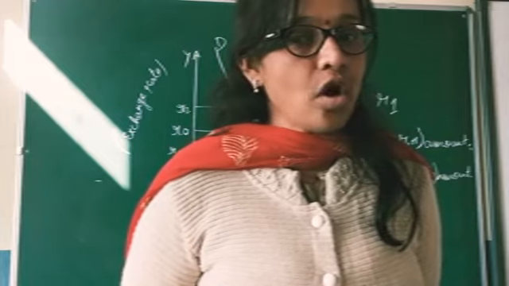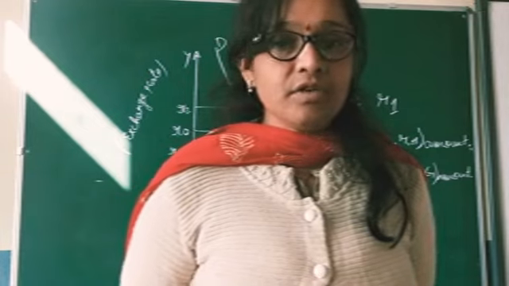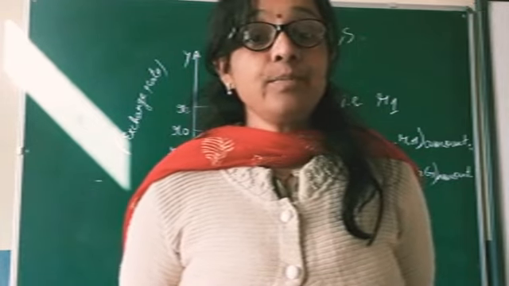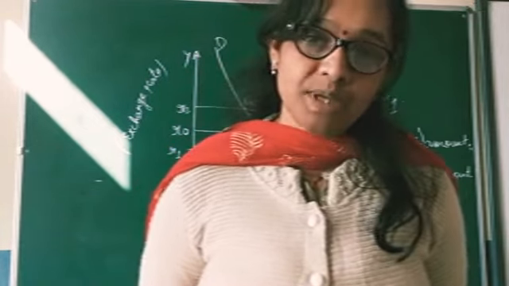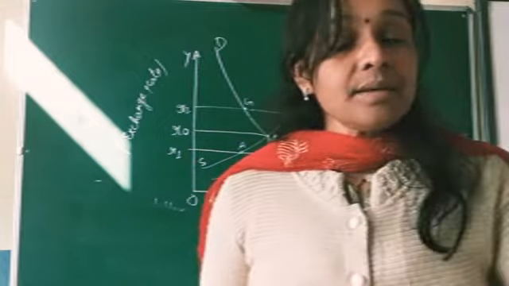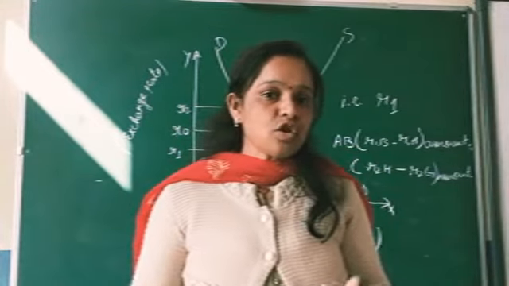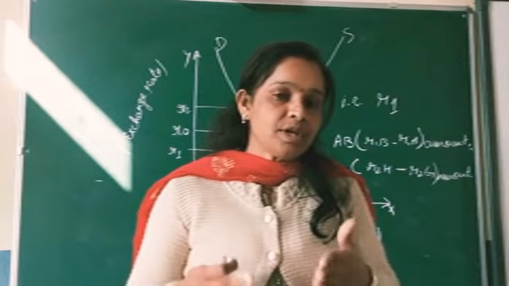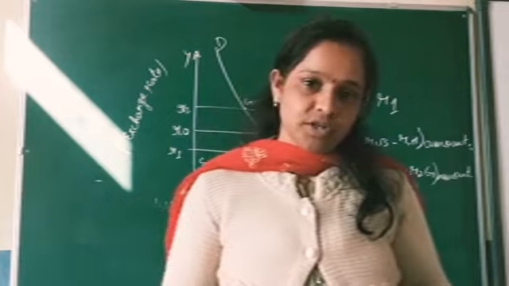This will depreciate the value of dollar and appreciate the value of rupees. Is it clear? So this is the complete explanation of the topic, determination of equilibrium exchange rate in a free market or in a flexible exchange rate.